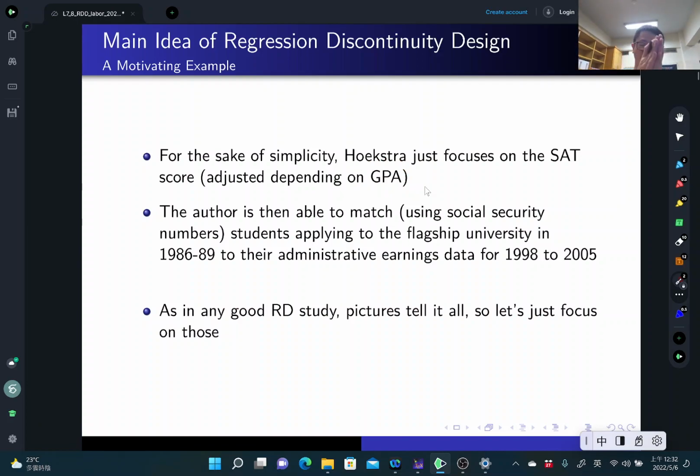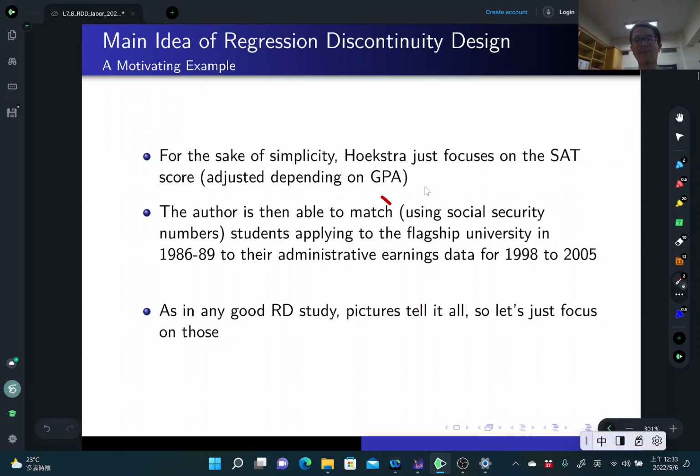So you can consider that if you pass some SAT score cutoff, you might attend a good school. If your score is below the cutoff, you cannot. So compare the people around the cutoff: one attends a good school, one attends a second-tier school. We can identify the effect of attending a good school on their outcomes, for example, their earnings.